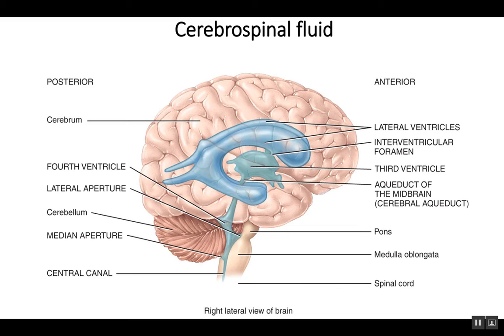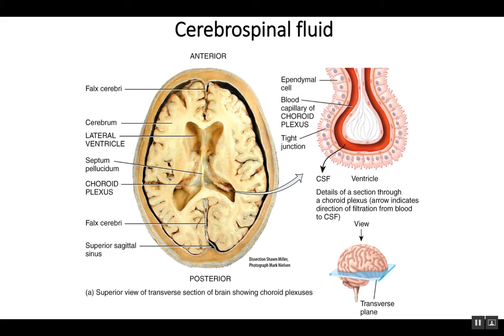So now you can get cerebrospinal fluid surrounding the brain in the subarachnoid space, but also surrounding the spinal cord. So this just tells us where we would find cerebrospinal fluid: in the brain ventricles, in the subarachnoid space, and in the central canal.